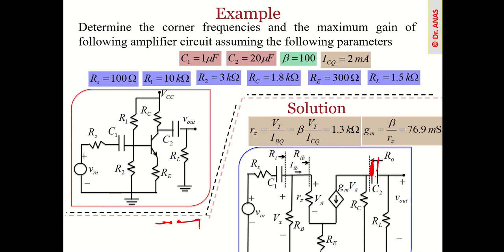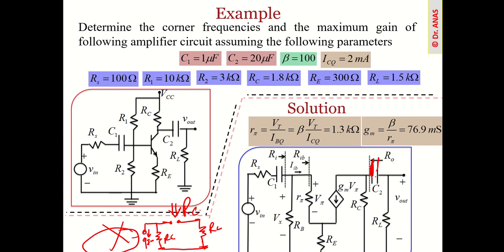Here we have RL to ground, and from this point we have RC going to ground, so basically the same point, and then we have a current source. We have to remove all the sources. This is a current source, so it will become an open circuit. When it becomes open circuit, I don't need to go to this side because the current is 0 now, so this circuit is basically removed. I have to focus only on this.